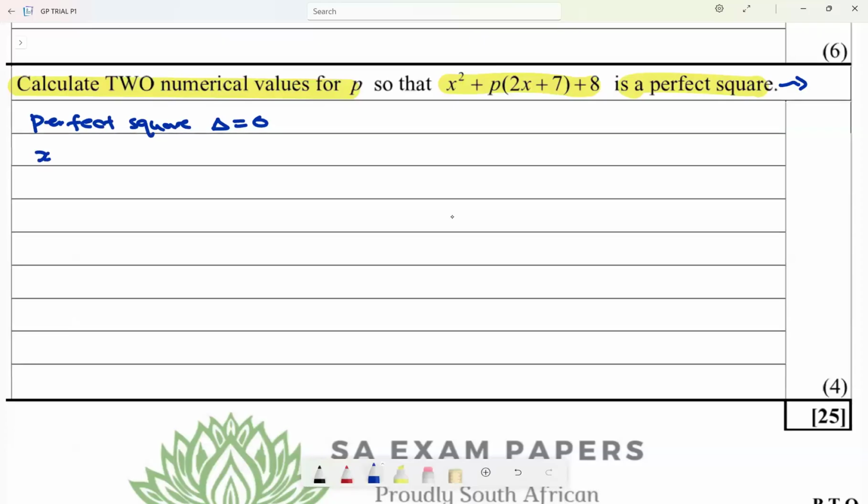So I'm going to have x squared plus 2px plus 7p plus 8.